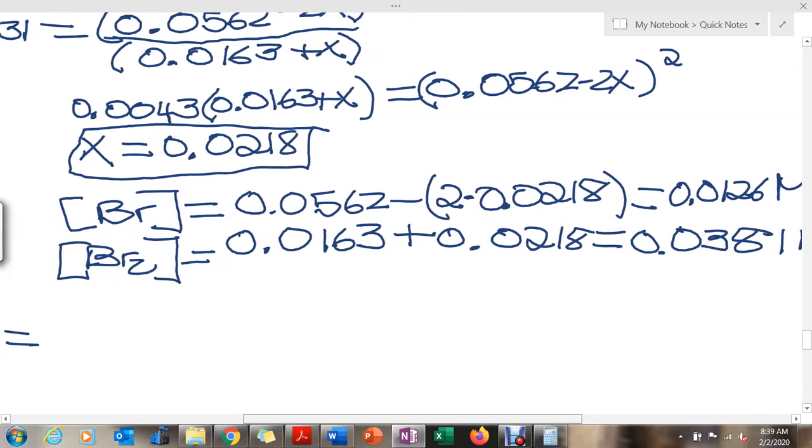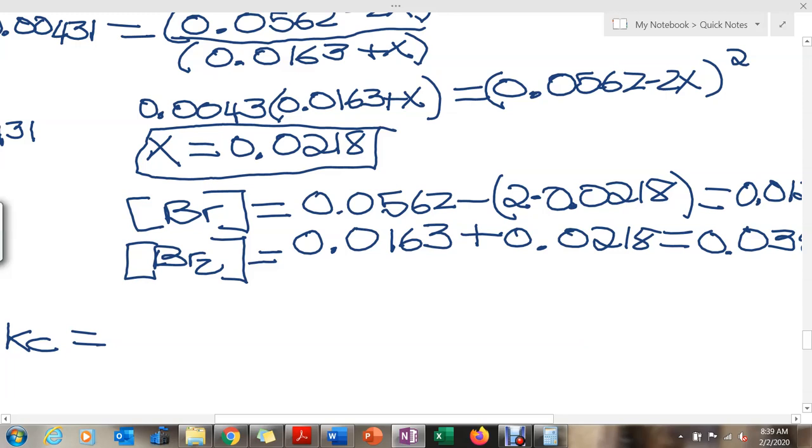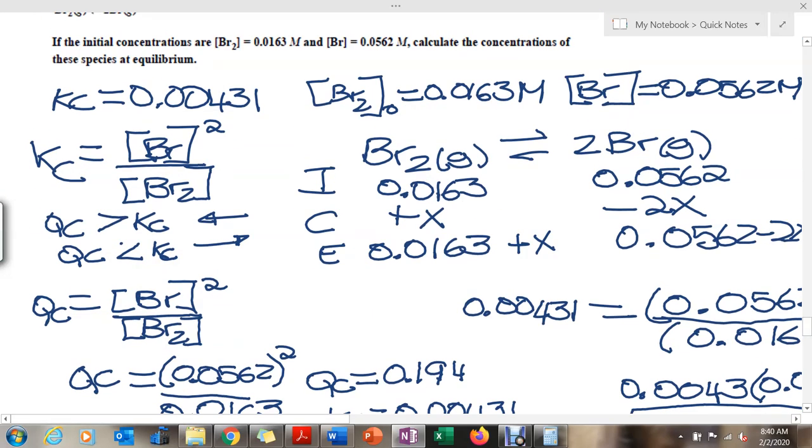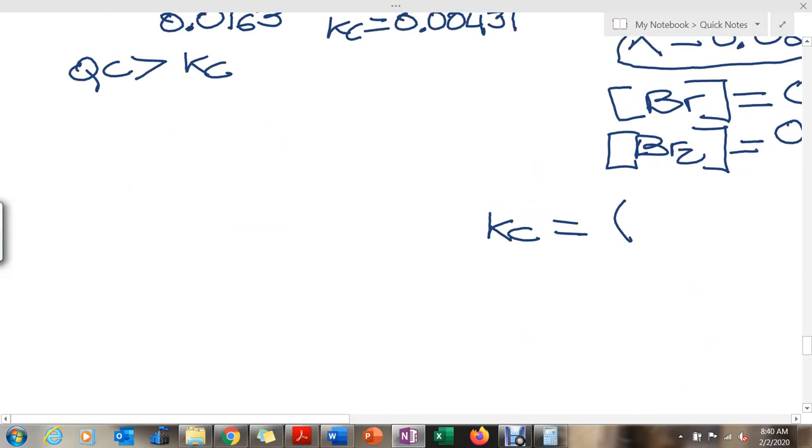So the concentration in equilibrium of Br, and we're going to put on the top the Br to the square and Br2 on the bottom. Sorry if I said it the opposite way.